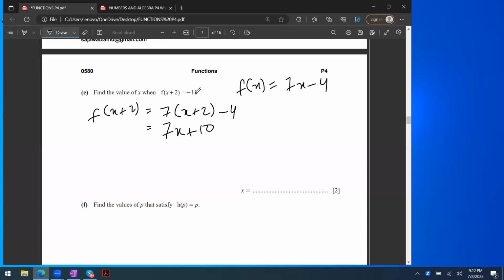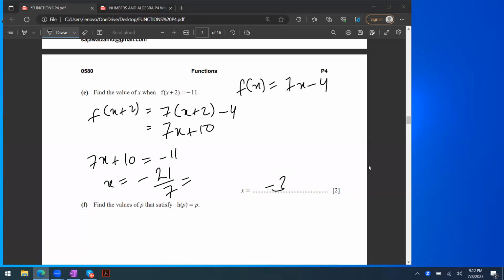They say it is equated to minus 11. 7x plus 10 is equal to minus 11. So x is equal to minus 21 over 7, which is minus 3. Is everything clear? Can we move on? Yes, sir. All right. Thank you.